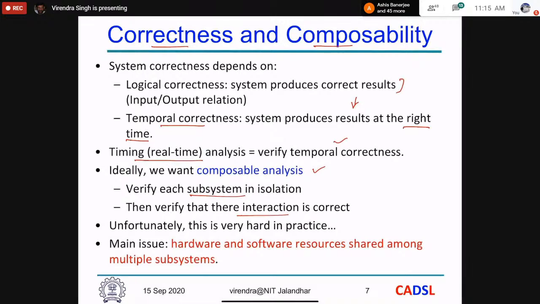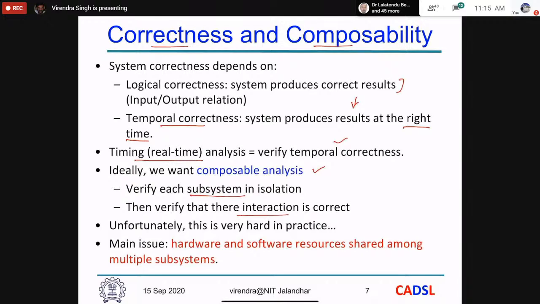The main issue here is the hardware and software resources that are shared among the multiple subsystems, and if you are sharing them, then it is really very difficult when they are interacting. If they are not interacting, if they are being used by only one subsystem, in that case I can independently verify these systems, and then if I connect them together, perhaps it should work.